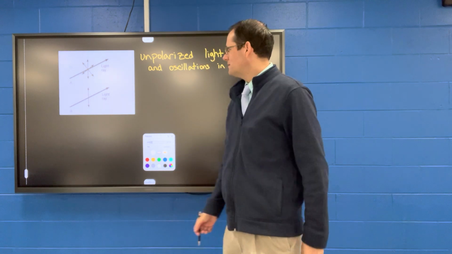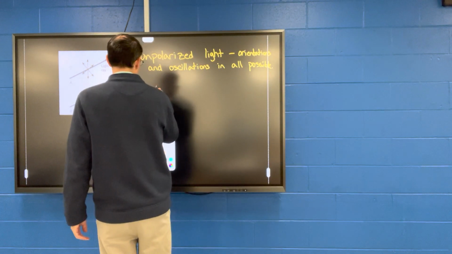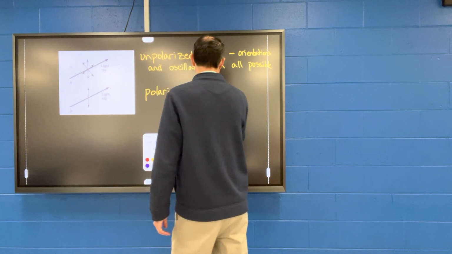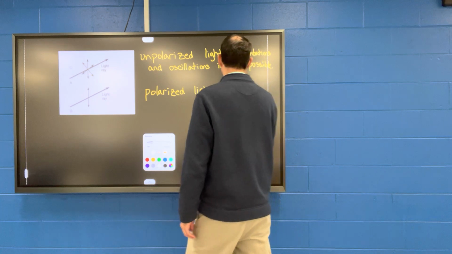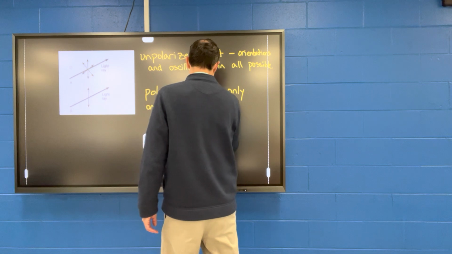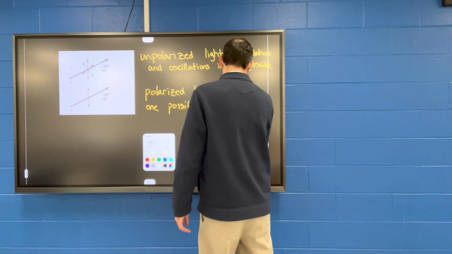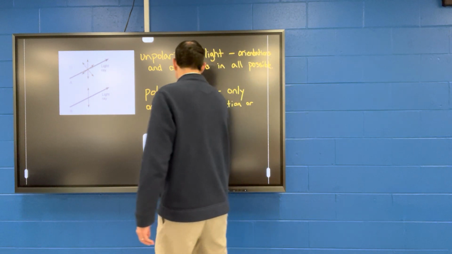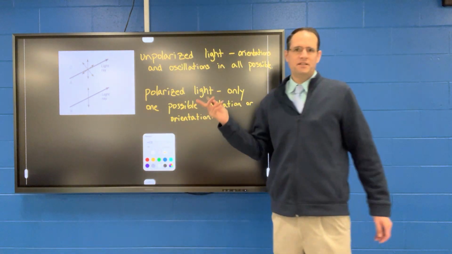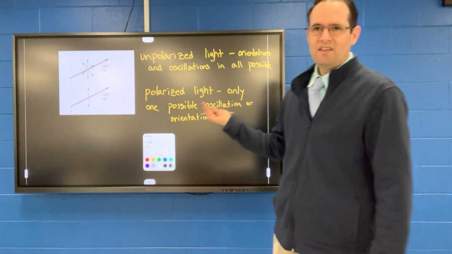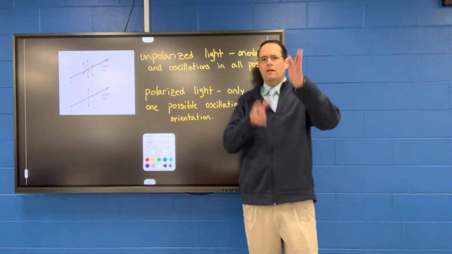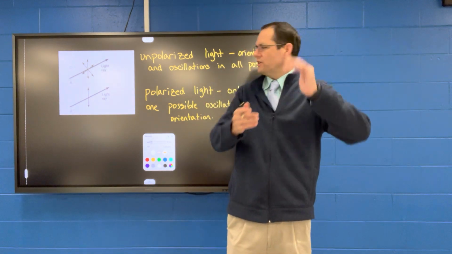Now this here is polarized light. We'll talk about different ways that we see this situation occurring, but pretend like you had some kind of filter or some way to make all the light always go vertical.